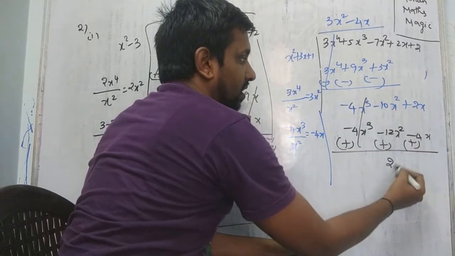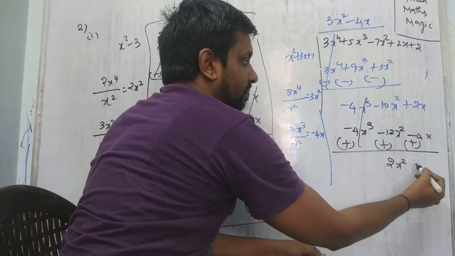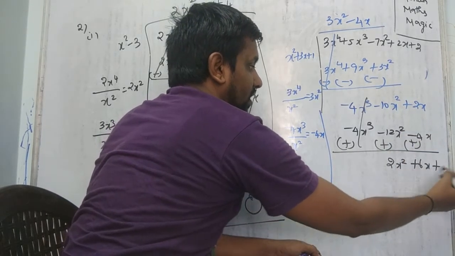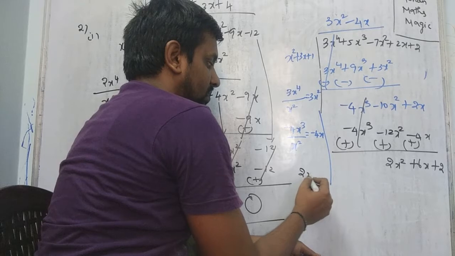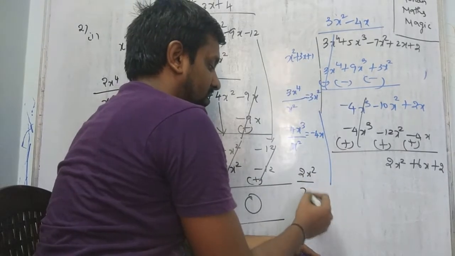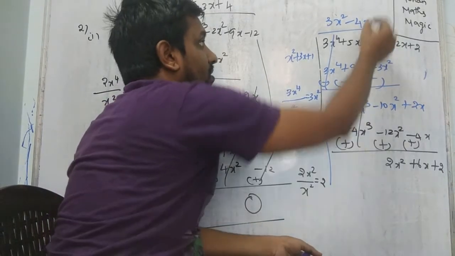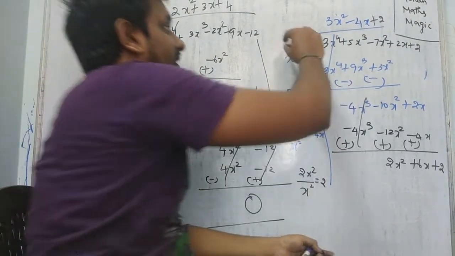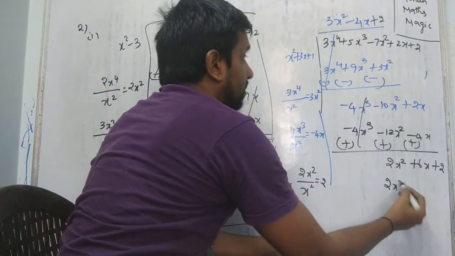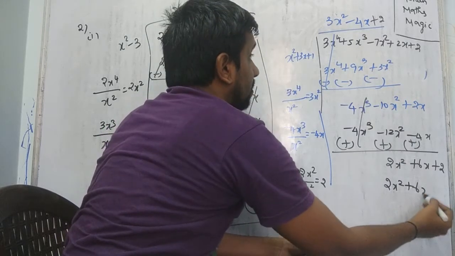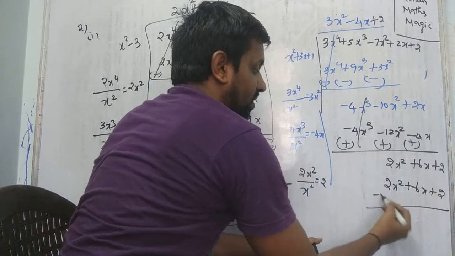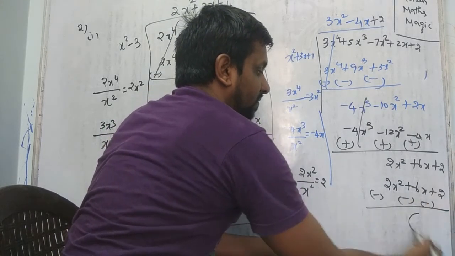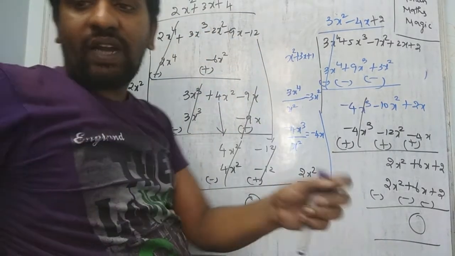Minus 10 plus 12, plus 2, plus 4. And the last term, 2x square upon x square, I got 2. So 3x square minus 4x plus 2. Now multiply x square into 2, 2x square. 3x into 2, 2 into 1. Change the symbol. All will cancel. Therefore it is a factor.